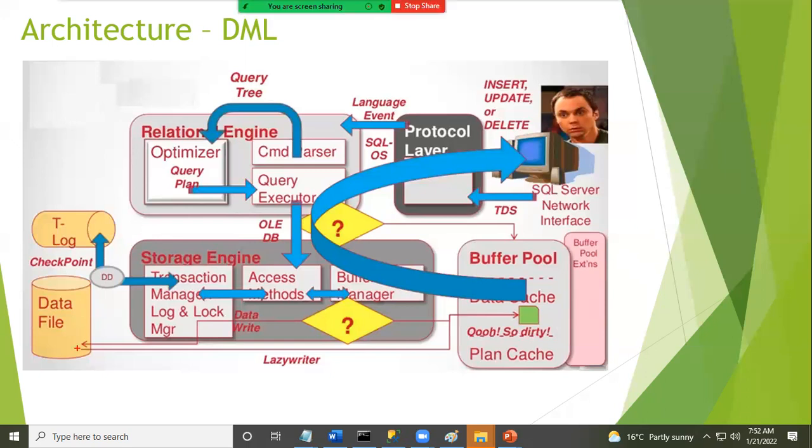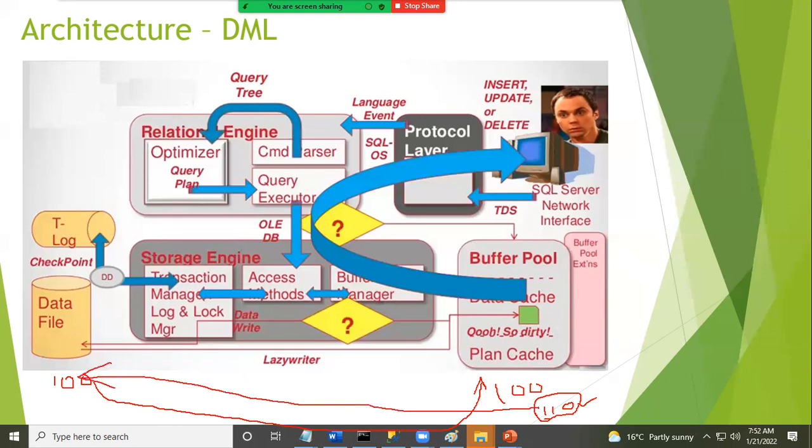For example, the data file page is 100, and the buffer manager copies this page 100 here, and you do some modifications and modify it to 110. This is called dirty, right? We modified some data. As soon as a checkpoint happens, this page will be flushed to the data file. So you will have 110 here as well as 110 there.